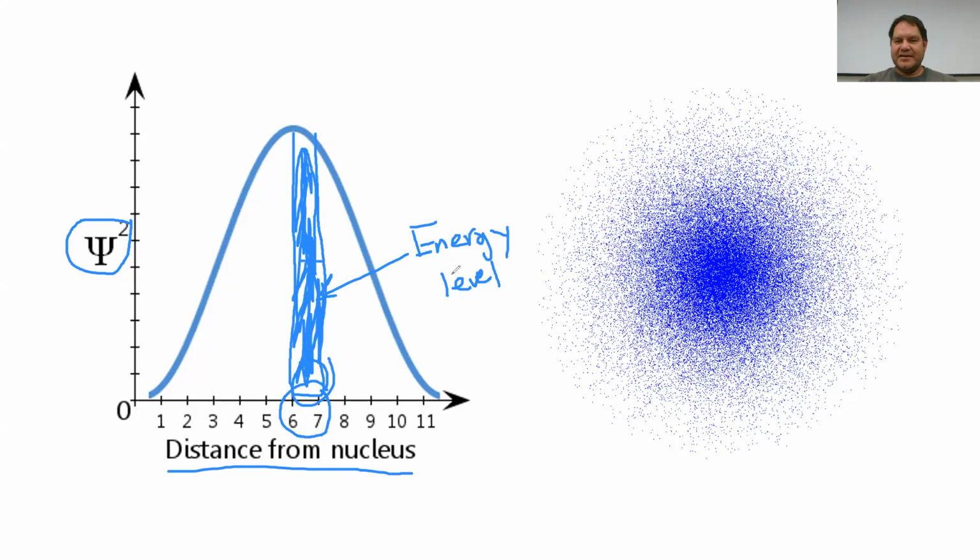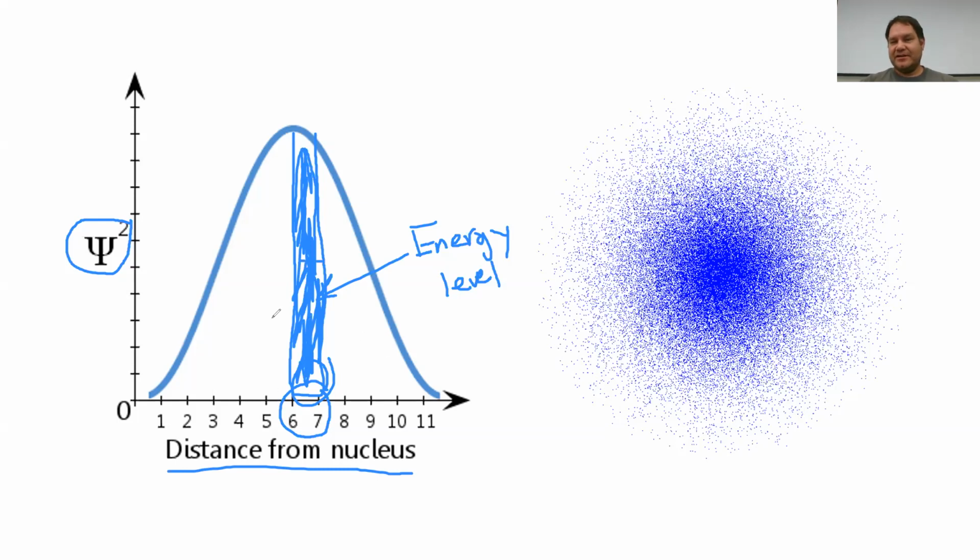Okay, but again, they're not well defined, because an electron being a wave can be at multiple locations, really even at the same time, and so it's very complicated to pinpoint the position of the electron.